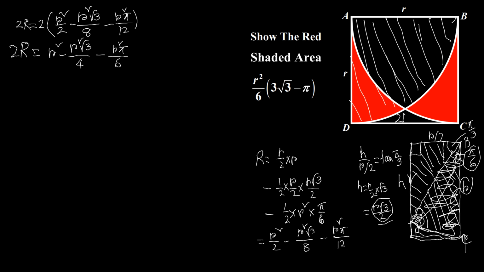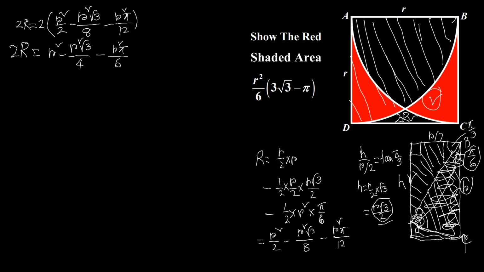So from the square, if we subtract one quadrant, then we will get the red area plus this 2r. So we already have the 2r area, and if we subtract 2r from there, then we will get this half of the red portion.